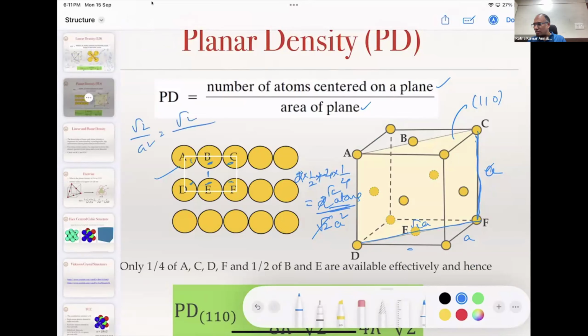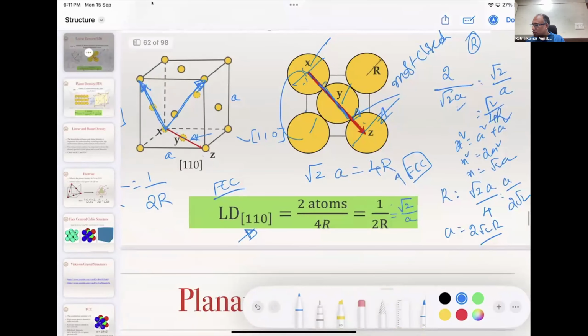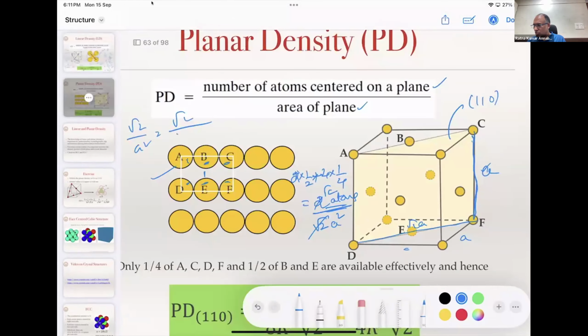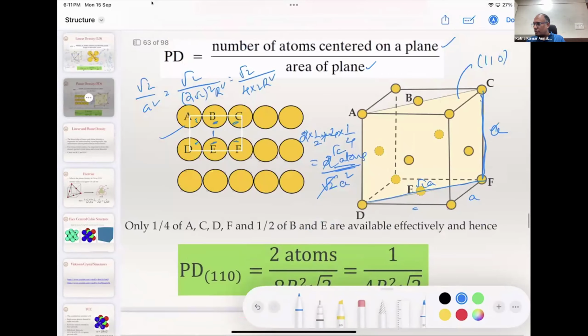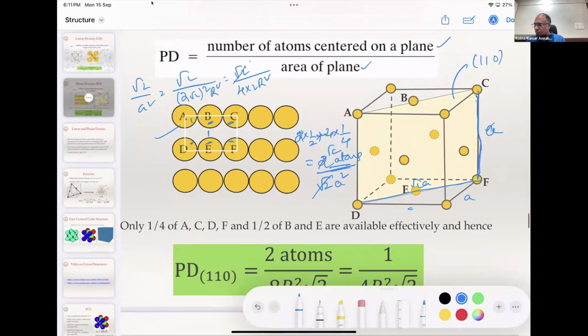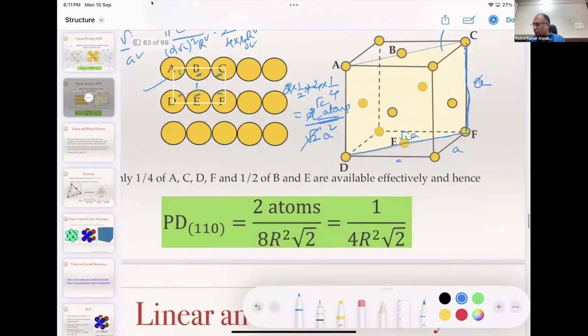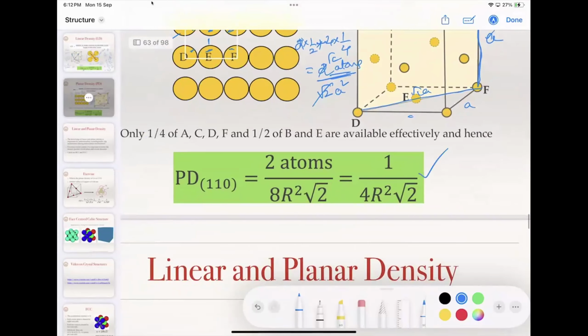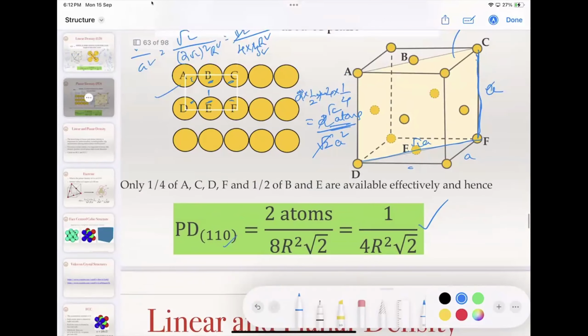Substituting a as 2 root 2 r, we get root 2 by 4 times 2 r square, which is 8 r square, that is 1 by 4 root 2 r square. So this is the planar density of the 110 plane in an FCC lattice.